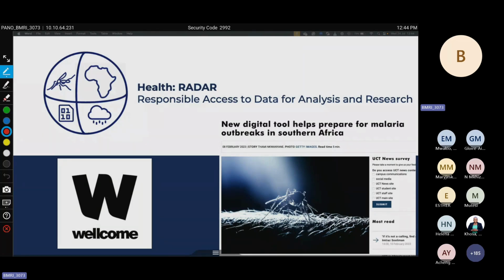With these types of questions, and realizing it is not always easy to understand where to get data from and how to use it analytically, we are creating a Wellcome Trust funded project, a repository called Health Radar, where Radar stands for Responsible Access to Data for Analysis and Research.